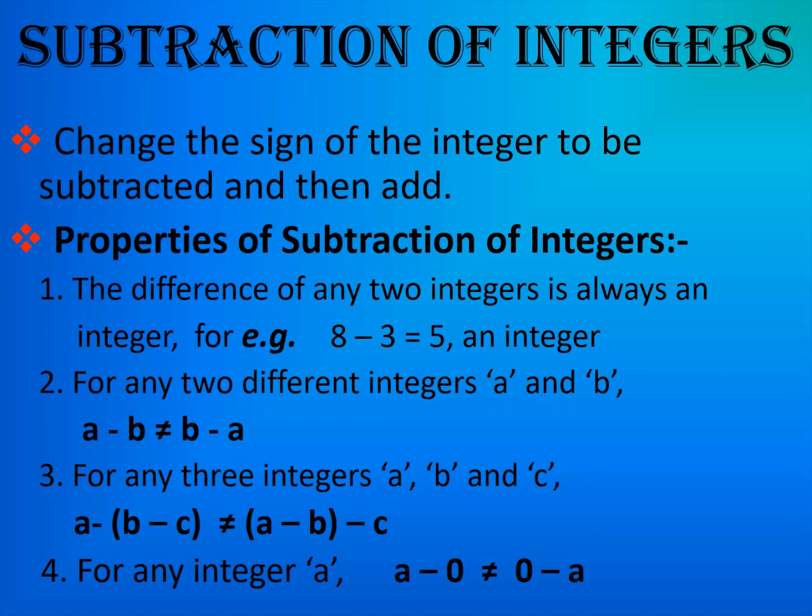Third, for any three integers a, b and c, a minus (b minus c) is not equal to (a minus b) minus c. Fourth, for any integer a, a minus 0 is not equal to 0 minus a.